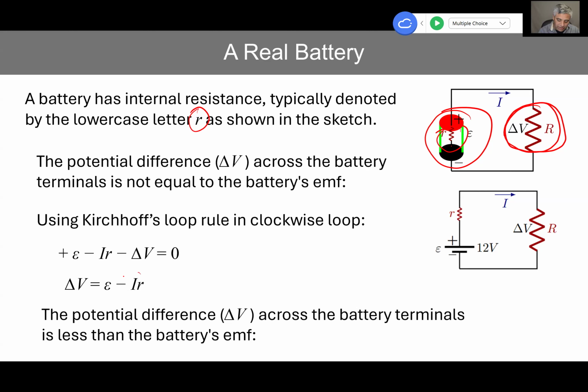Less by how much? As you expected, less by the amount that drops across the internal resistance. So the battery itself is consuming some energy. That's why the battery gets warmer. That's how we know it's consuming some energy on its own. When we connect a battery in a circuit, what happens? The battery becomes warmer as well.